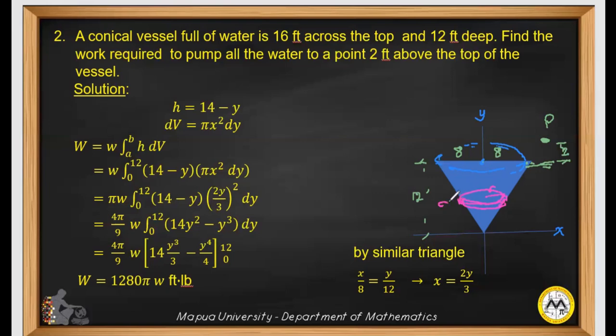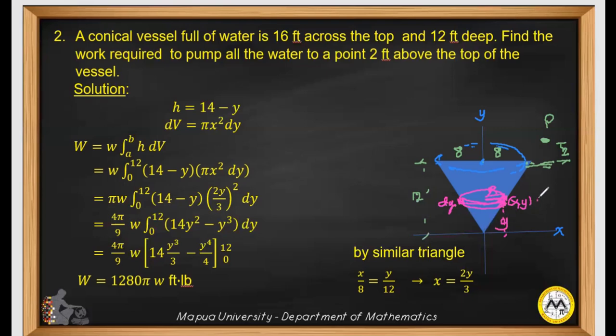The thickness is the differential of y, and the radius of the element is x. We shall call the radius of the element x, since this point will have the coordinates xy. Therefore, this distance is equal to x, and the distance from the x-axis is y.